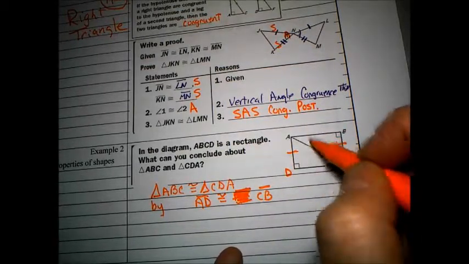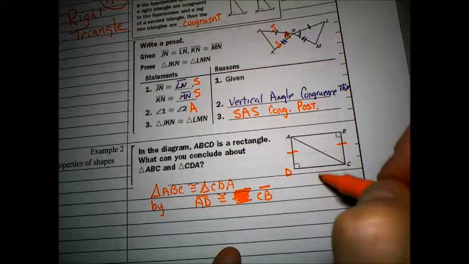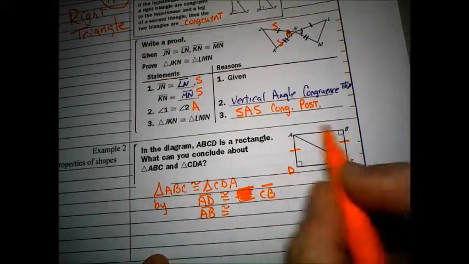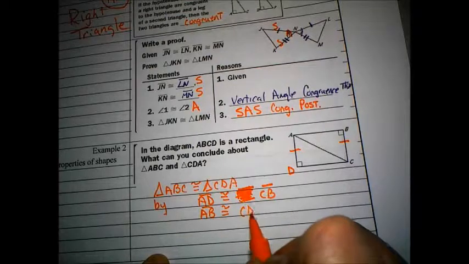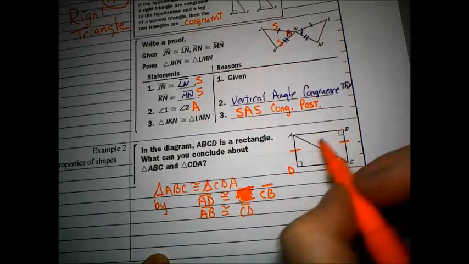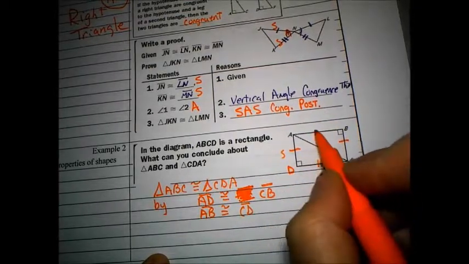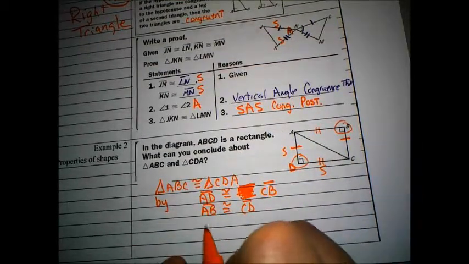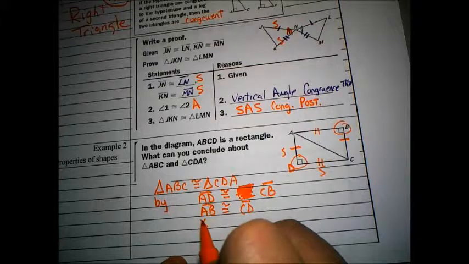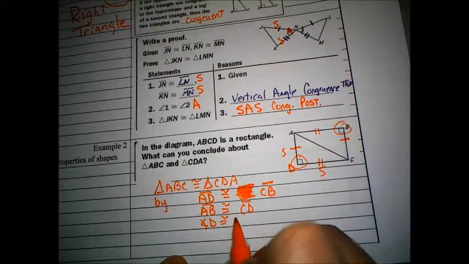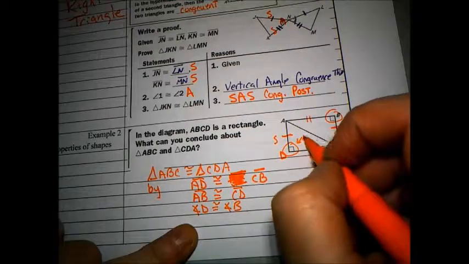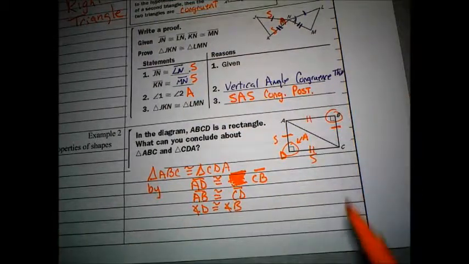That also tells me that opposite sides this way, on top and bottom, that means AB would be congruent to CD. So those are my two sides. And then I have that the corners are congruent to each other because they're 90 degrees. So I have that angle D will be congruent to angle B.